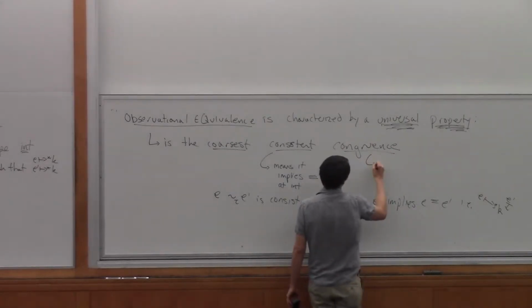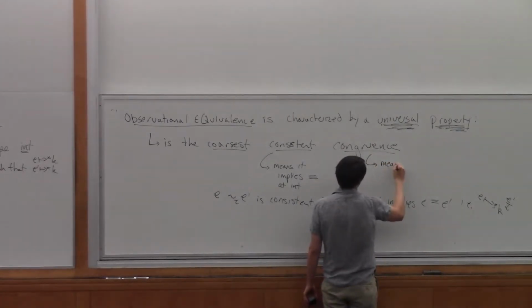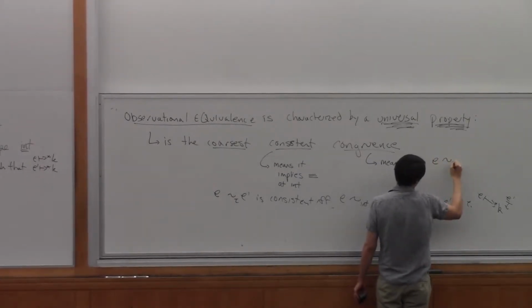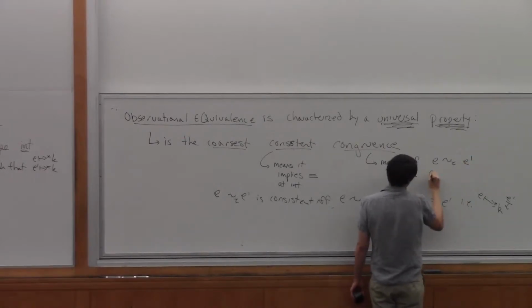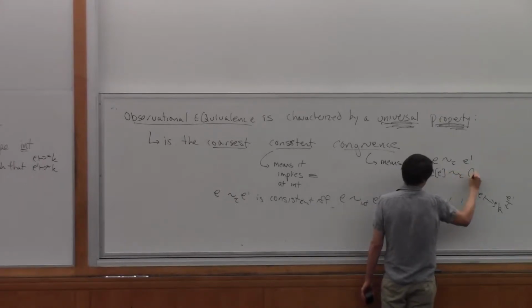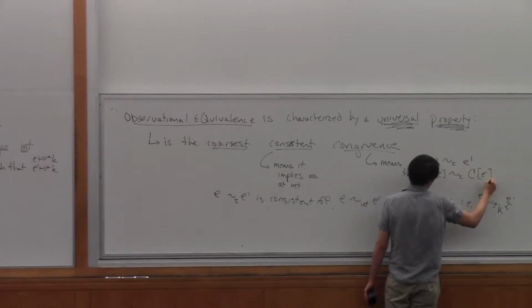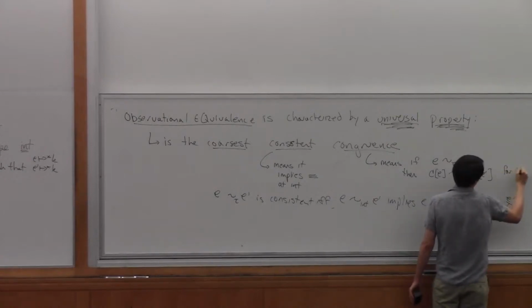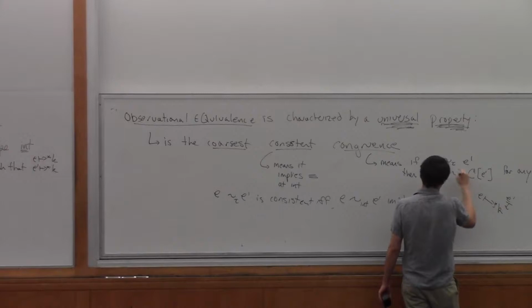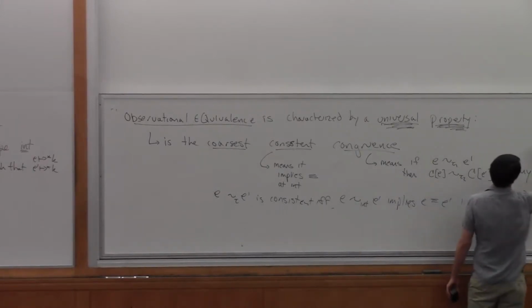Congruence means if E is related to E', then C of E is related to C of E' for any, so let's say that's tau 1 and that's tau 2, for any context.